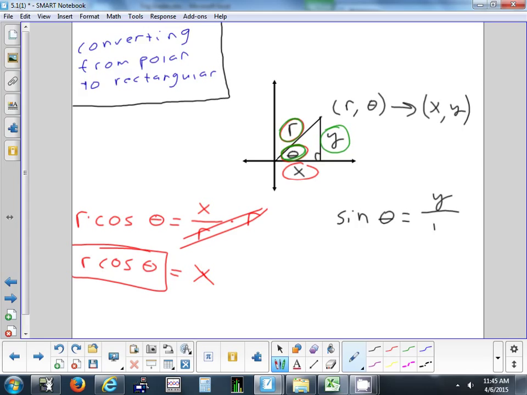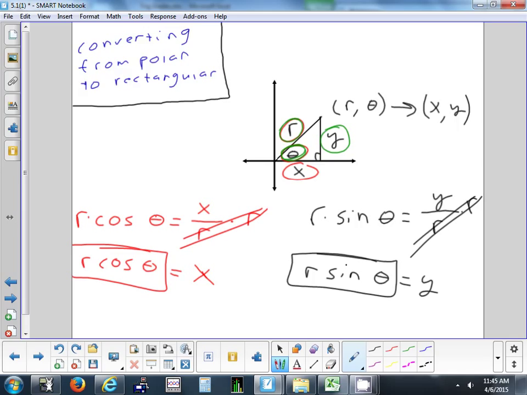R. I'm going to do the same thing, get y by itself again, and we get another formula. So if you know r and theta and you want to find the y value in rectangular, take the sine of your angle, multiply by your radius. That's y. And then when you're done, you'd write it as a coordinate: whatever x is, comma, y.